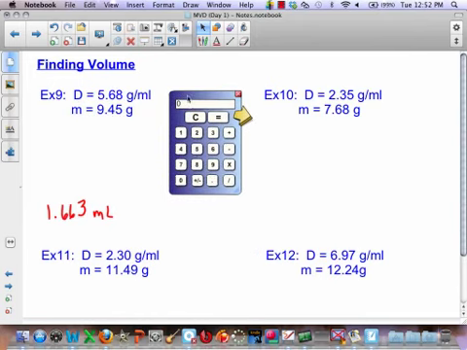All right, if we take 9.45 and we divide it by 5.68, we get a giant number. We get 1.6637. If you're going to round to the 3rd decimal place, you have to look at the 4th place. If it's 5 or higher, you're going to round up so it becomes 4.